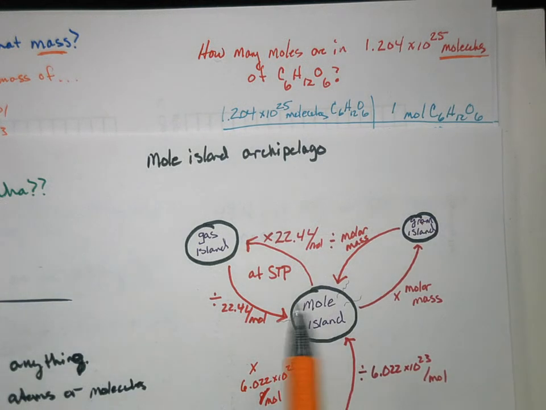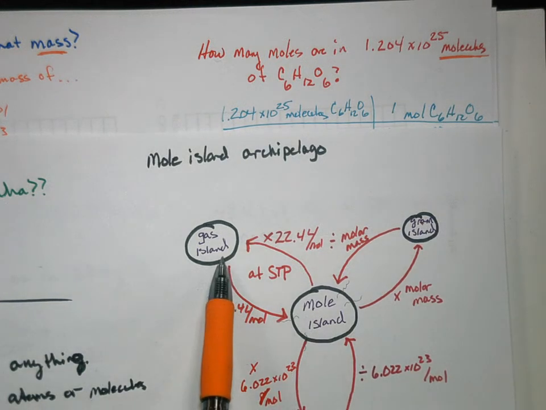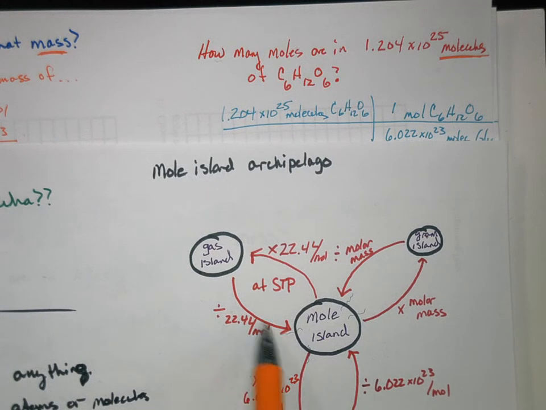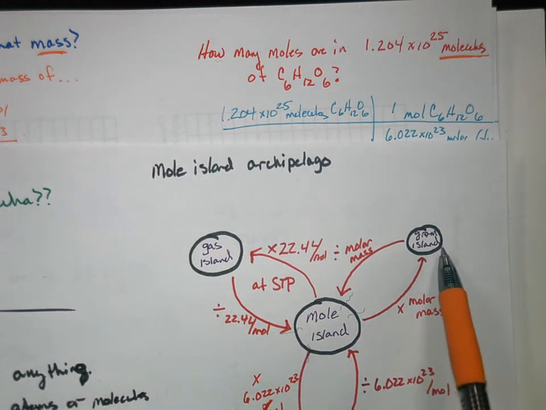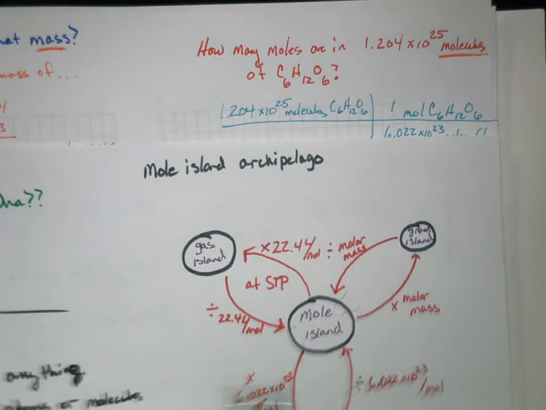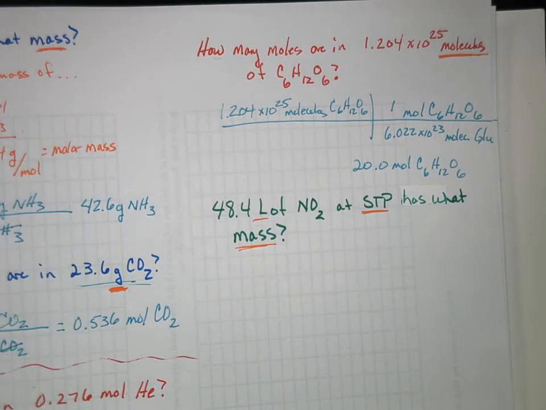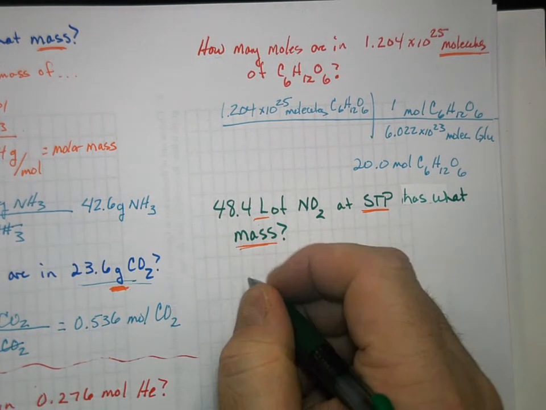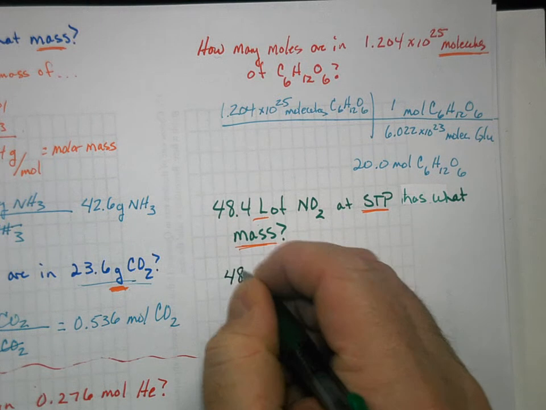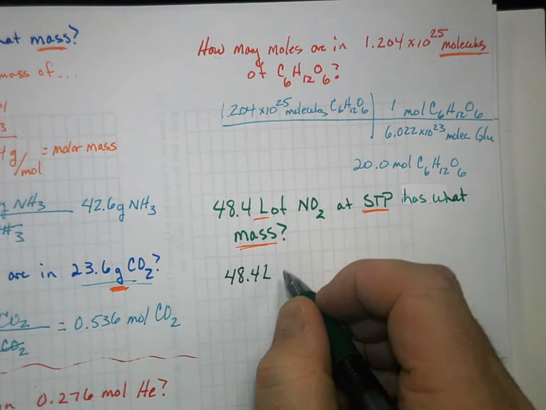No, you have to go to mole. Okay. We have to go to moles, so we're going to divide by 22.4, and then multiply by molar mass. Why can't you just jump from one island to another island? What's the conversion? Aha. So we start with 48.4 liters of NO2.